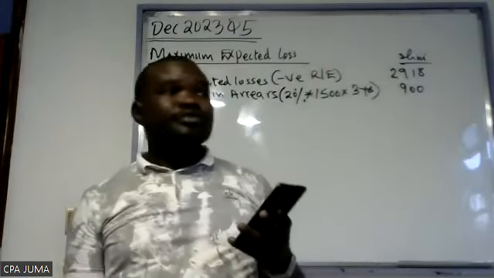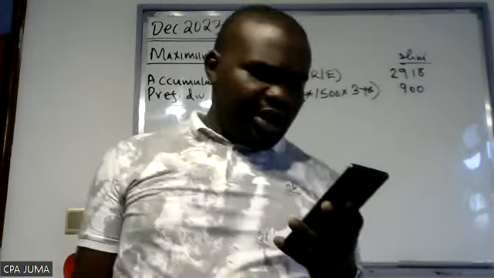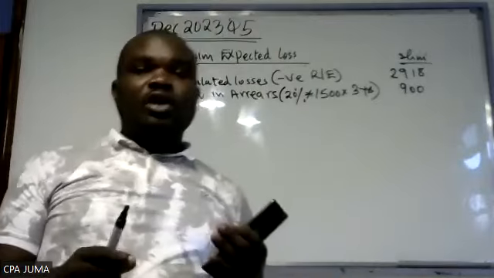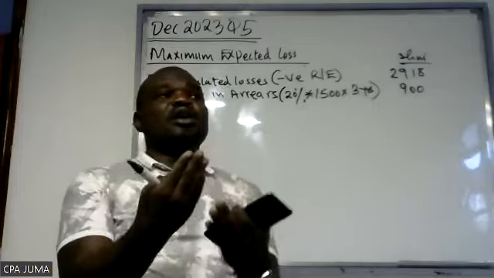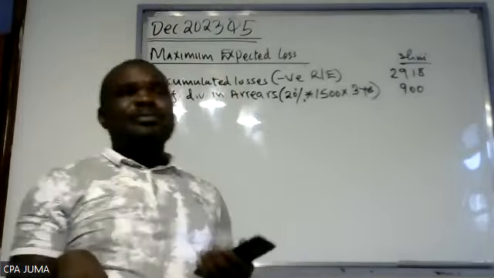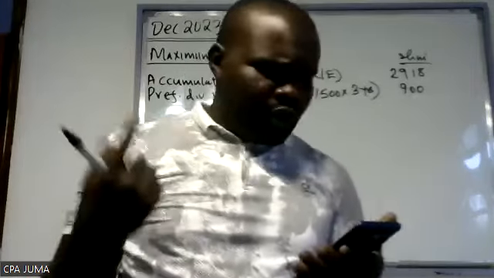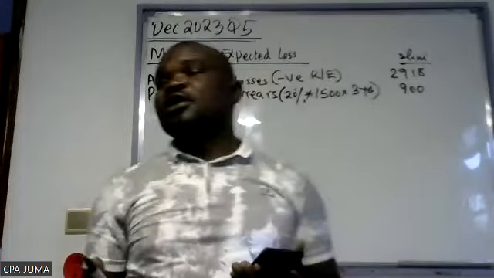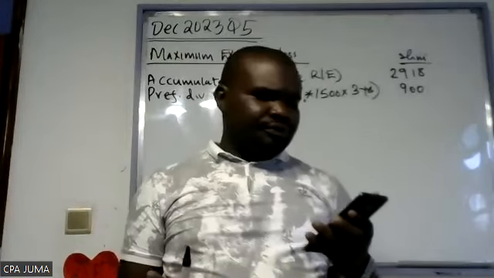Wow, there is something we have to be very keen on. So tangible assets, 15%. Let's just bring it to reality. We have an asset, the tangible asset here, let's call it a motor vehicle.